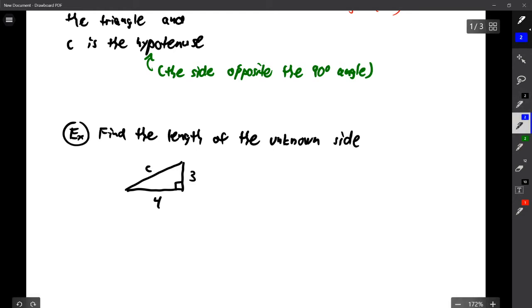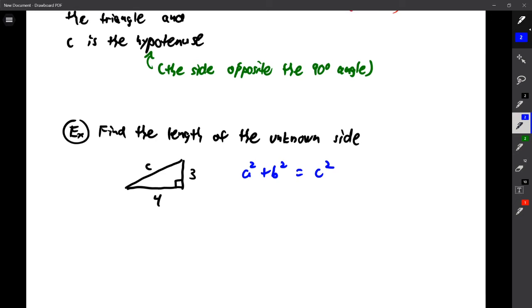Well, we could use the Pythagorean theorem. We can say a squared plus b squared equals c squared. Now, do we know which one is A and which one is B? No, but we know that A and B are the two legs, and it doesn't matter if we did 3 squared plus 4 squared versus 4 squared plus 3 squared, we'll get the same thing.